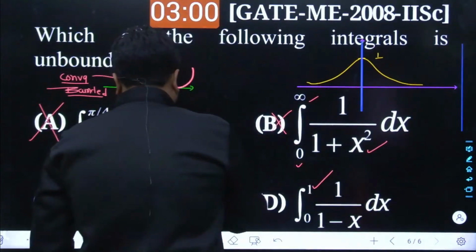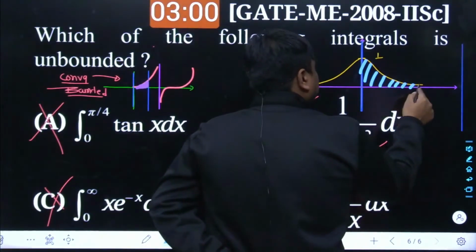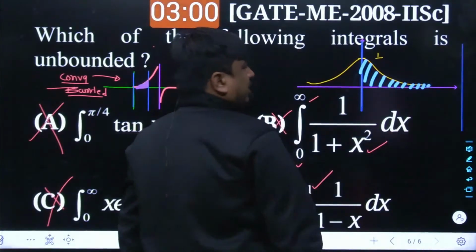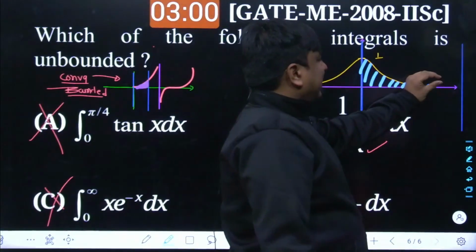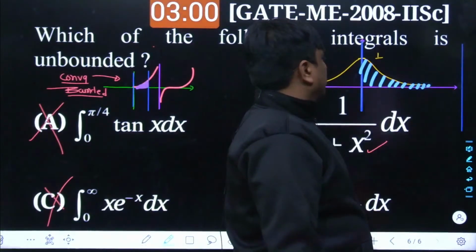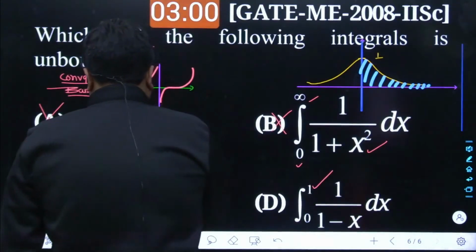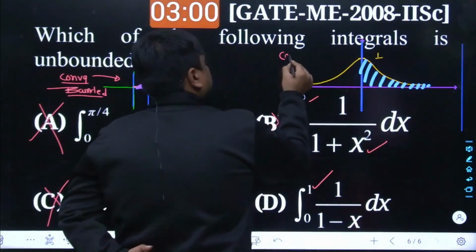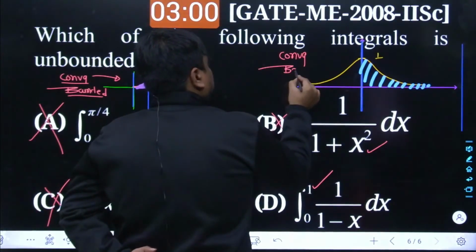Virtually speaking, you would be able to understand that the major area is contributed by small values of x, probably x equals 0 to x equals 8. From there onwards, the magnitude would be so small that the area in that region would be almost 0. Again, it is bounded only, or converging in nature.